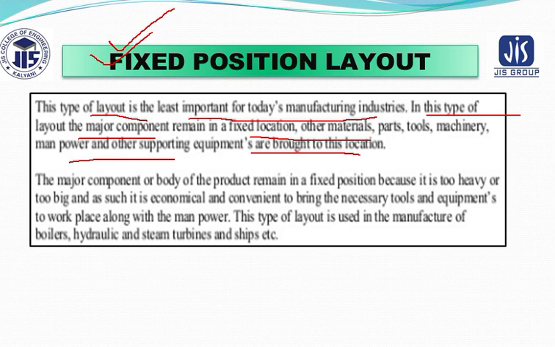This type of layout is basically used to manufacture a boiler, hydraulic and steam turbine, and ship. As you can see, the size of the product is too bulky, so it is very difficult to handle them, so they are kept in a fixed location.